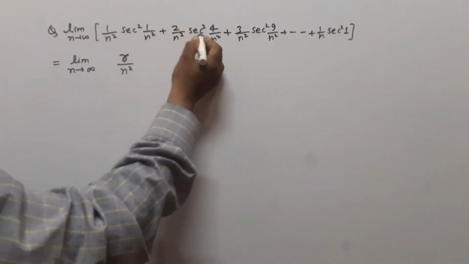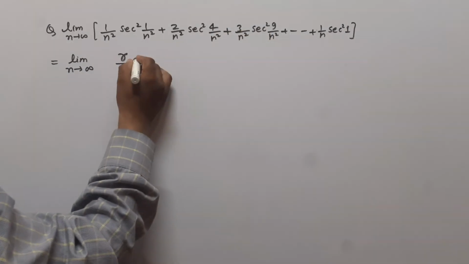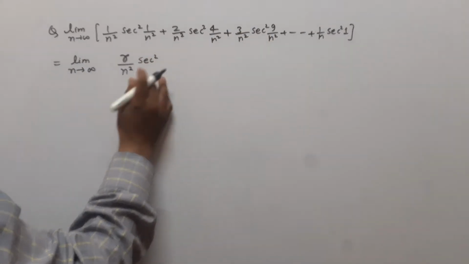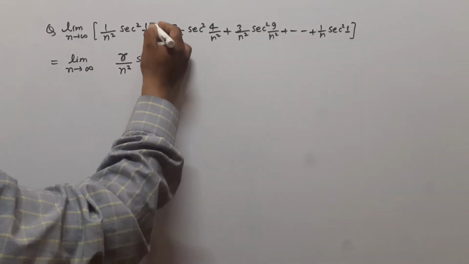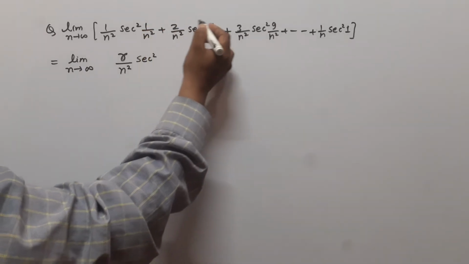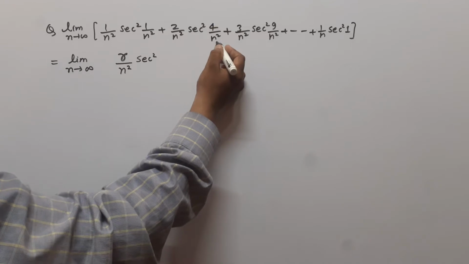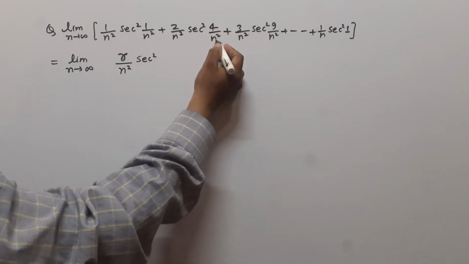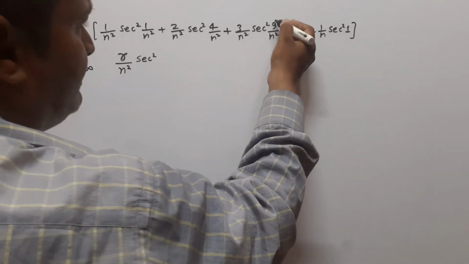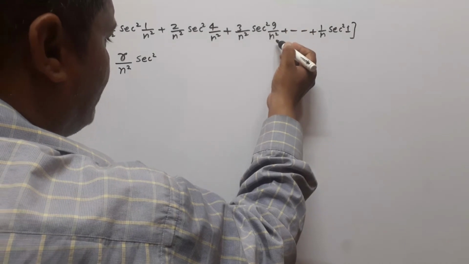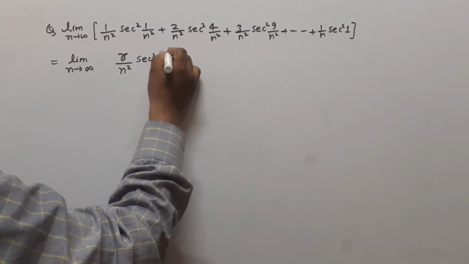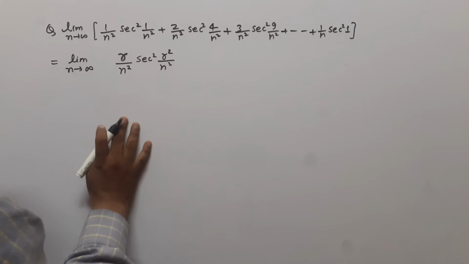Here sec square is in each of the terms. So in the rth term it is sec square, and in the first term it is 1 upon n square, the second term is 4 by n square, which can be written as 2 square upon n square, and here it is 3 square upon n square, so we write r square by n square.